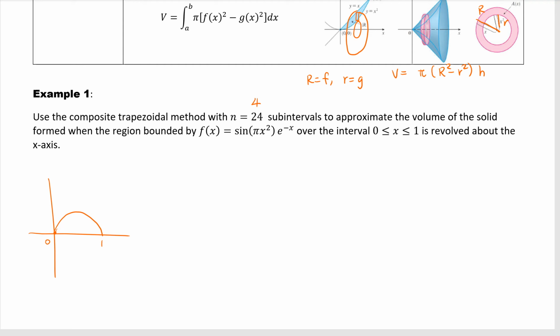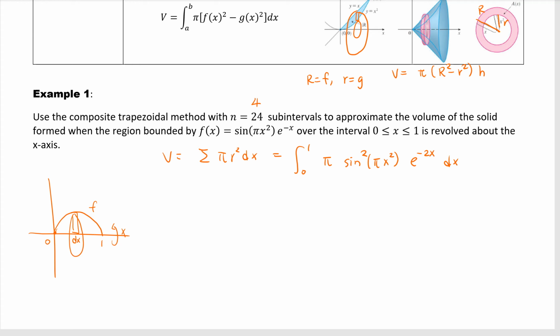This is the function, and we want to rotate it about the x-axis. So the formula is V equals the sum of pi r squared dx, because the width here is dx. So the integral from 0 to 1 of pi times r, which is sine pi x squared, and then e to the minus x, squared, is the same as e to the minus 2x, dx.